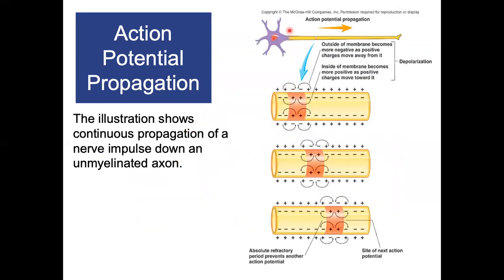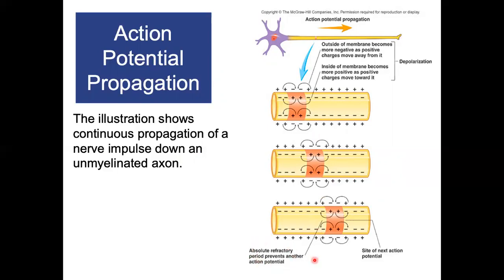So if we're looking at how an action potential is generated, let's say action potential is generated at the axon hillock, that depolarizes first, and then this region right next to it depolarizes, and then this region right next to it depolarizes, and then this region right next to it depolarizes. How do we make sure that the action potential doesn't go backwards? Okay, so take a look at the bottom of this.